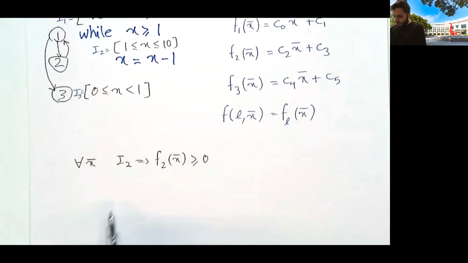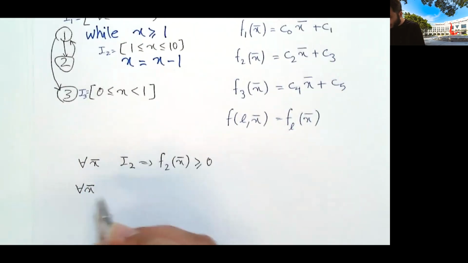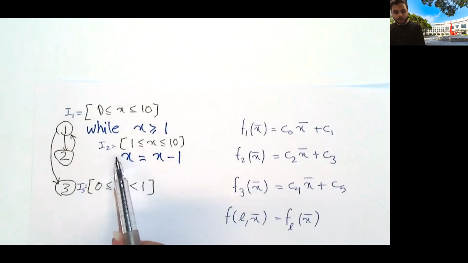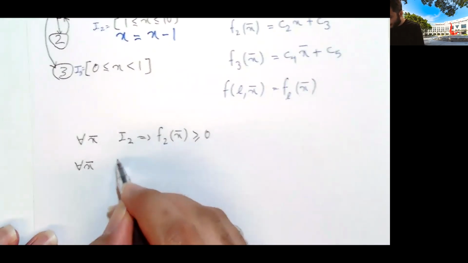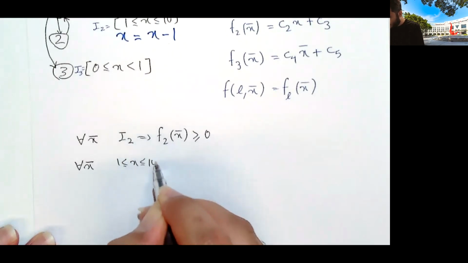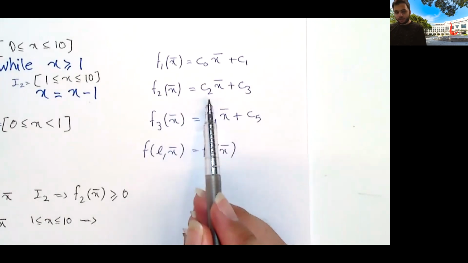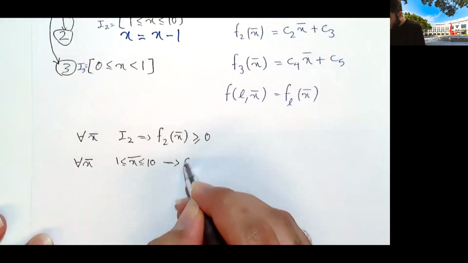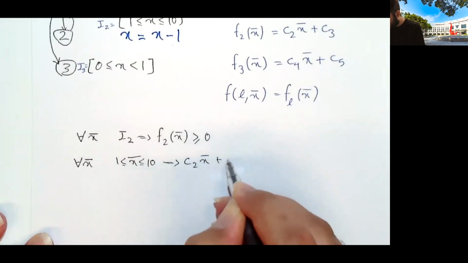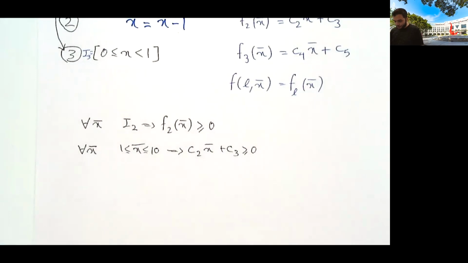And if I write this in a more concrete way, this is basically for all values of x. Now, what is the invariant at point 2? It's that x is between 1 and 10. Then what should I have? I should have c2x plus c3 is greater than or equal to 0, right?